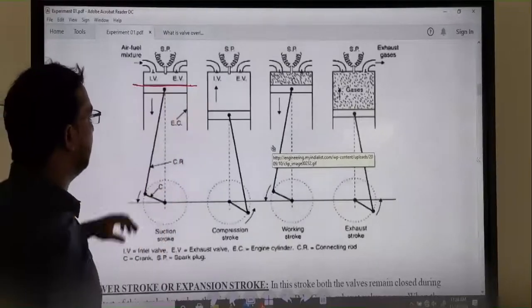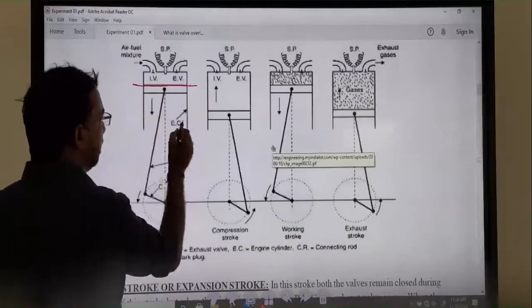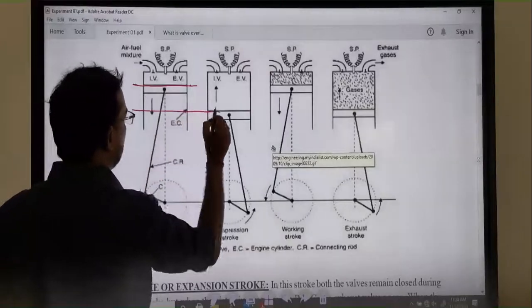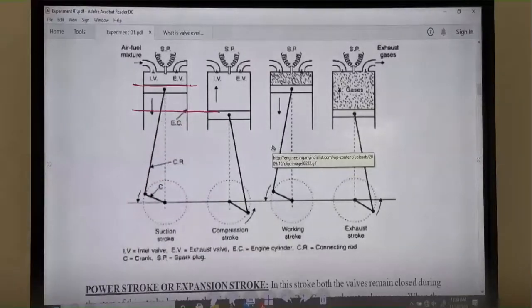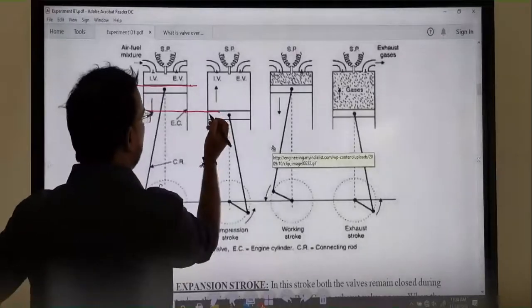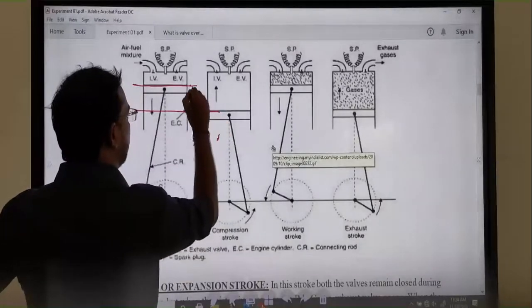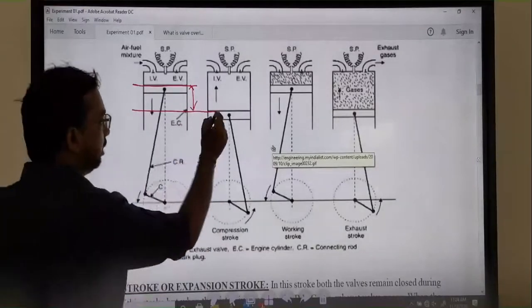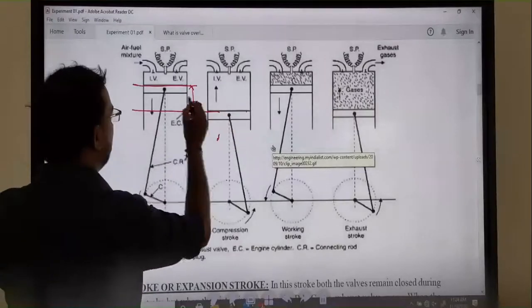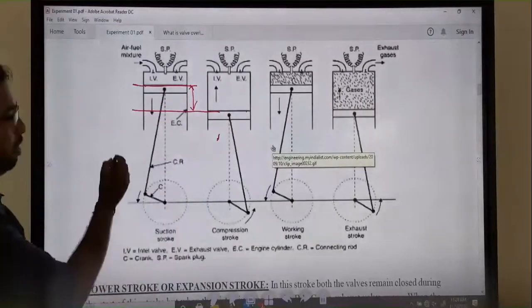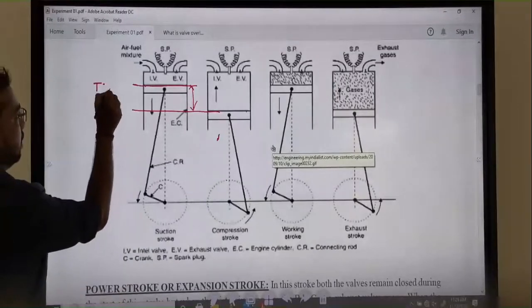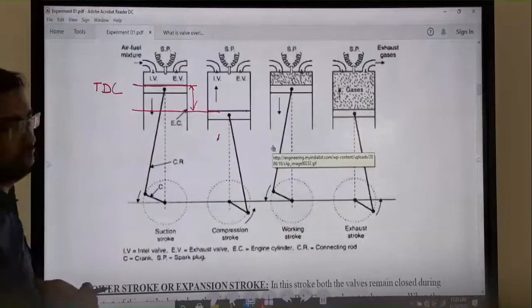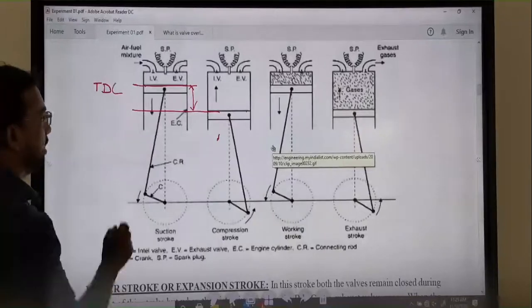And the other is the distance at the lower position. The distance moves between these two lines. I calculate this from the edge of the piston, this edge and this edge. We call this line TDC, that means top dead center.